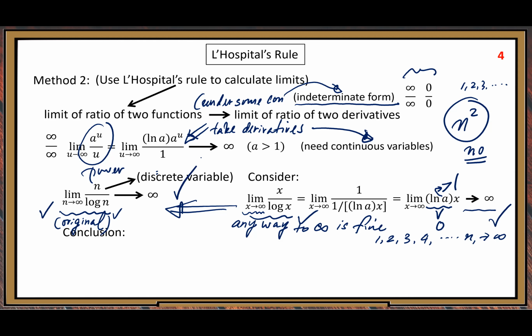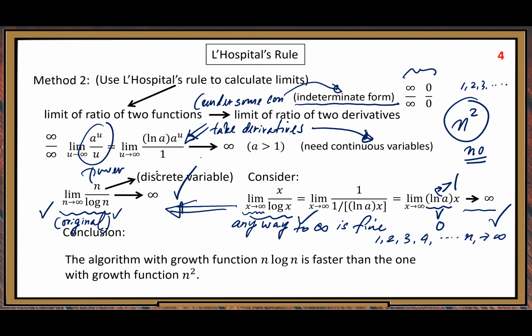In order to do rigorous math here, I go to the continuous variable, then come back to our discrete variable for the conclusion. So the conclusion here is that the algorithm with growth function n log n is faster than the one with growth function n squared. That means method 2 is better than method 1.